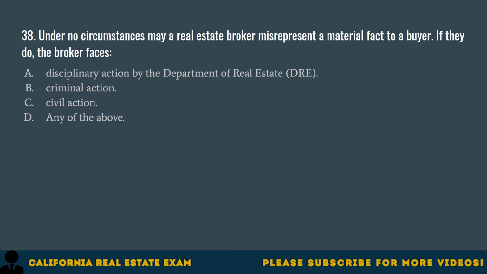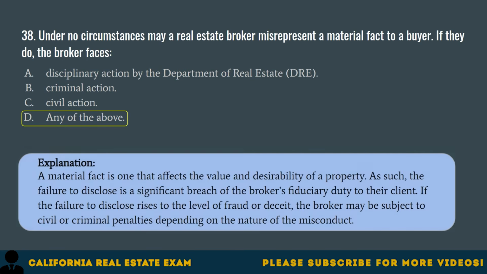The correct answer is D. Any of the above. A material fact is one that affects the value and desirability of a property. As such, the failure to disclose is a significant breach of the broker's fiduciary duty to their client. If the failure to disclose rises to the level of fraud or deceit, the broker may be subject to civil or criminal penalties depending on the nature of the misconduct.